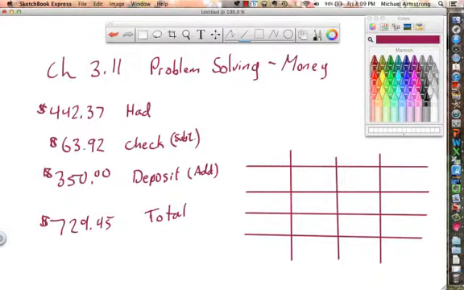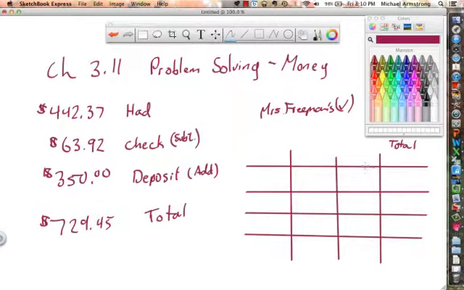Okay, so this is Mrs. Freeman's checkbook. Alright, so she has a balance, and she's got total over here. This is kind of the total column.